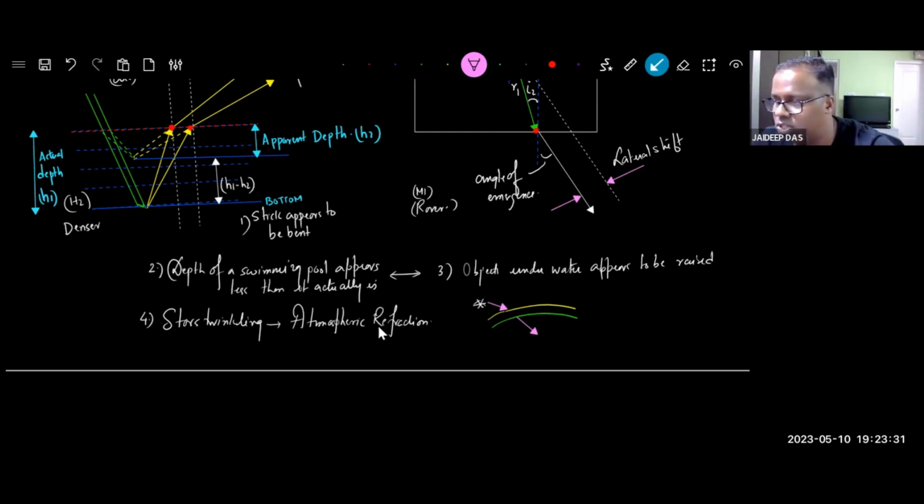Because this continuously keeps changing, the optical density is not fixed, it keeps varying.